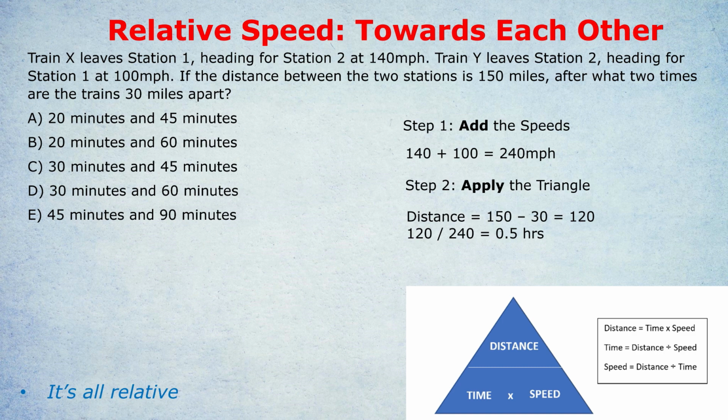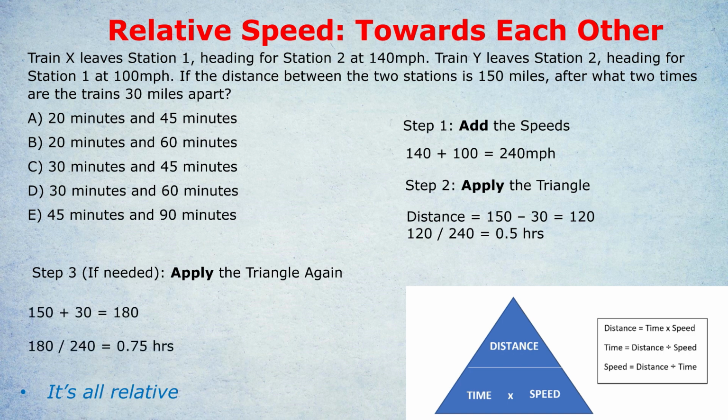Well, they've crossed each other, so we know they've already gone 150, but they've also gone an additional 30. I'm not saying each of them's done 30, I'm saying combined they've gone an extra 30, so that now they're 30 miles apart again. So they've covered the 150 to cross over, and they've covered an extra 30.